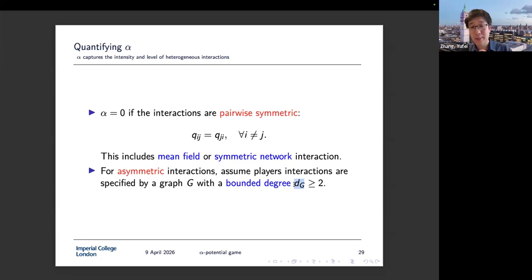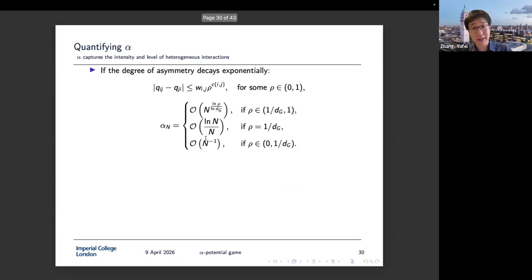you know that this bounded degree graph is actually challenging for graphon approximation. So in this case, you can assume that the pairwise interaction asymmetry decays exponentially depending on the graph distance of any two players.